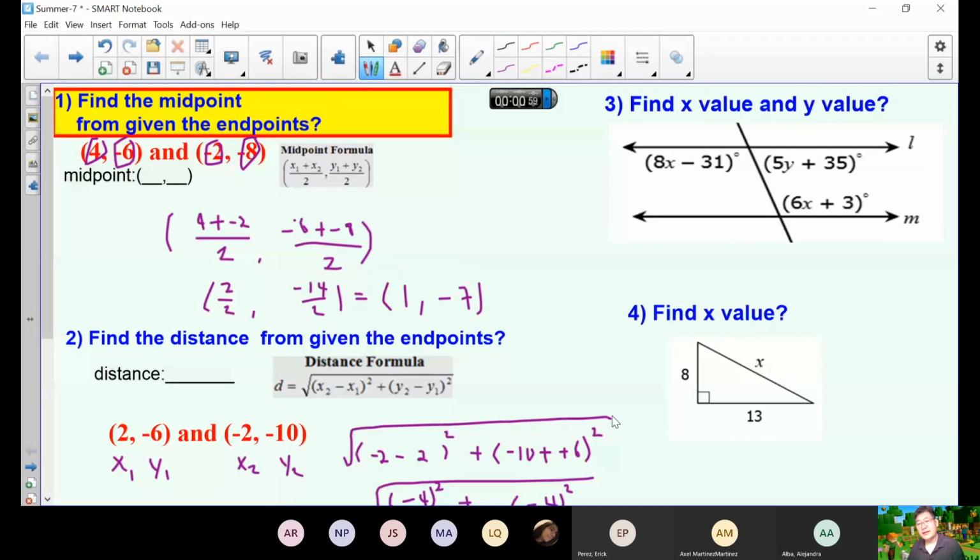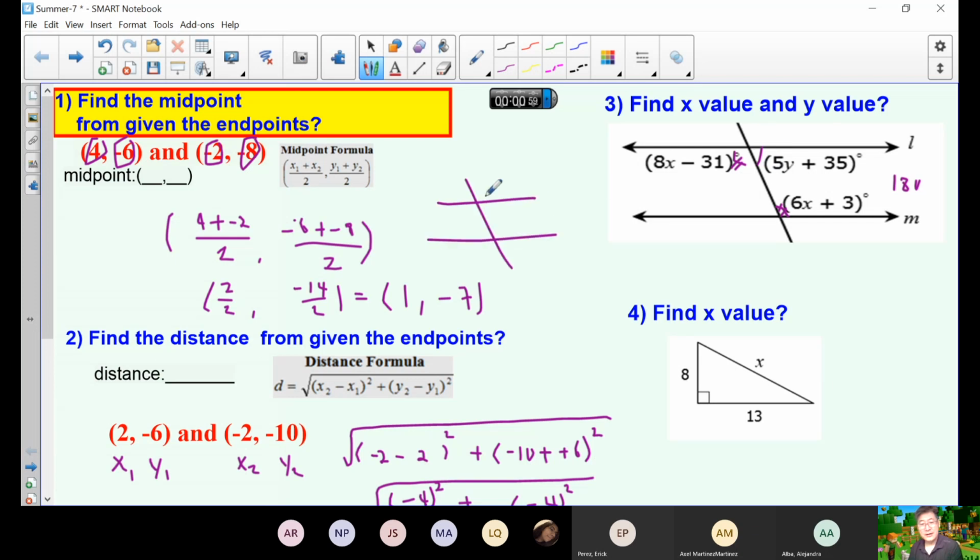So next one, find x and y value. Do you remember this? This is a consecutive interior angle, right? Together, making 180. This is what? Alternate exterior angle. They are the same, right? They're the same with this one and this one. Do you remember this?